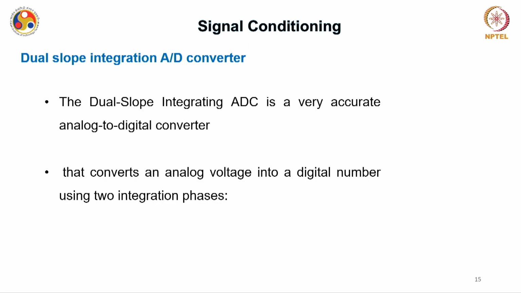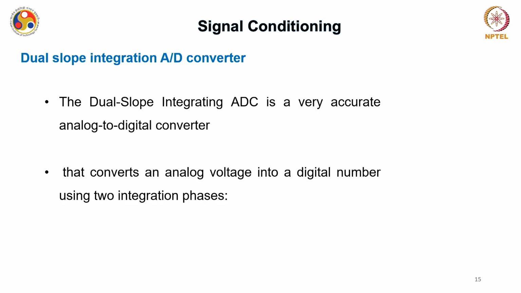Then we have another AD converter that is known as the dual slope integration AD converter. These converters are very crucial, particularly when you want your signals to be protected from noise, or wherever noise cancellation, particularly from power signals and other nearby signals, is required.